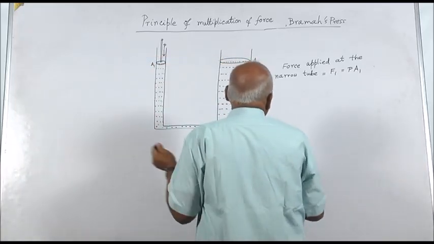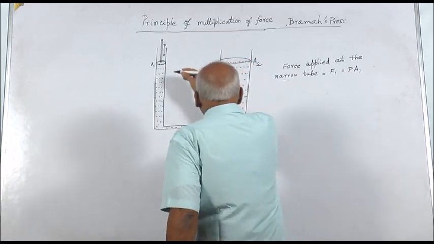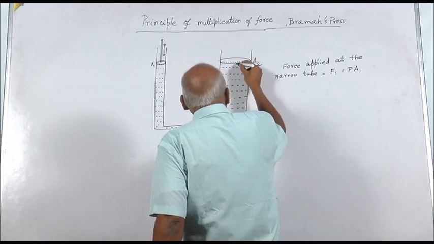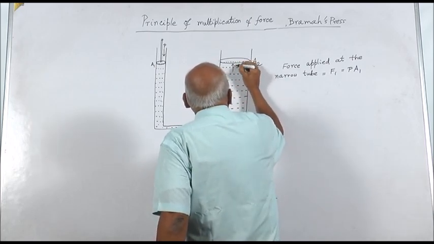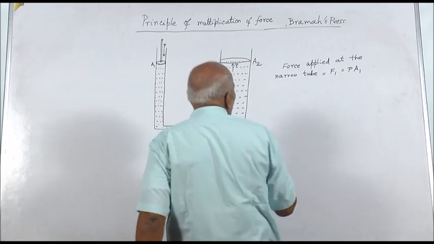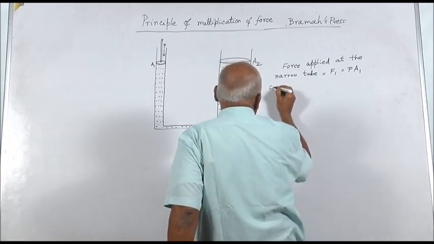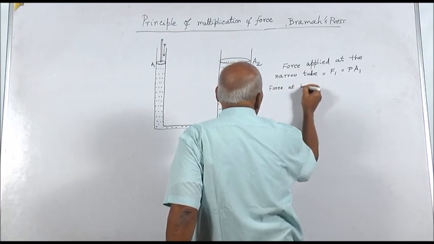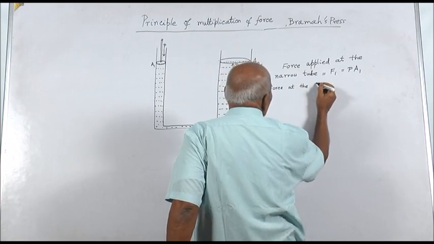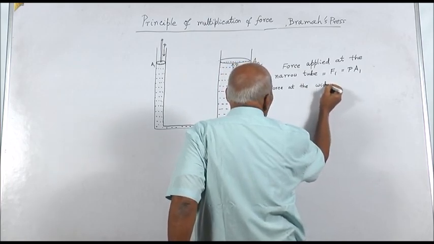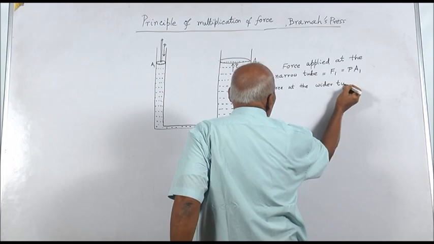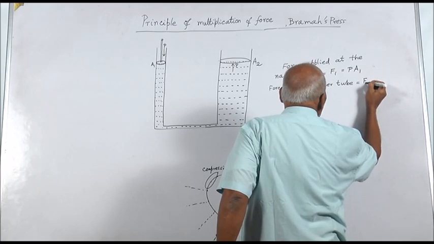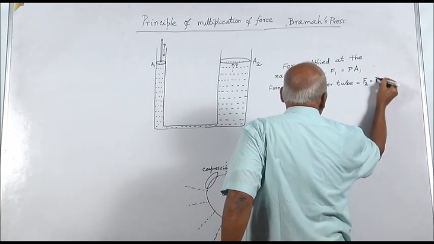Then this pressure, according to Pascal's law, will be communicated to this point. So, here there will again be pressure P. So, the force at the wider tube is equal to F2, that is P times A2.